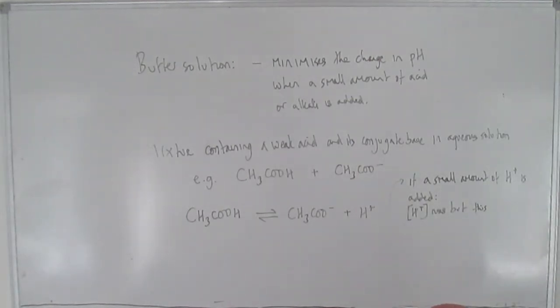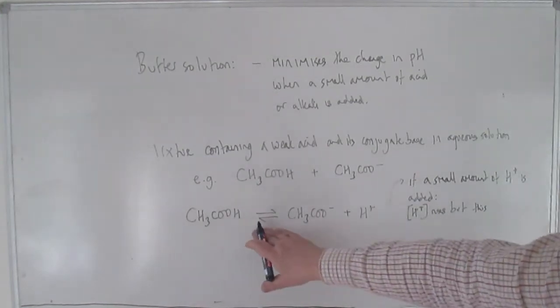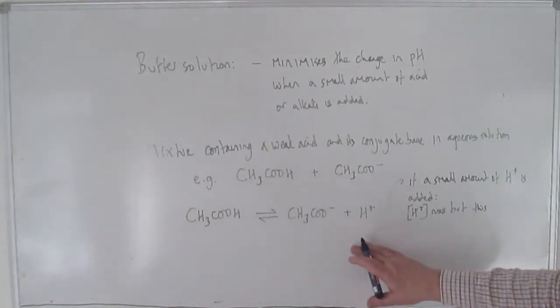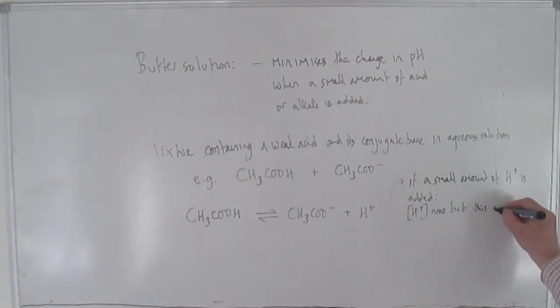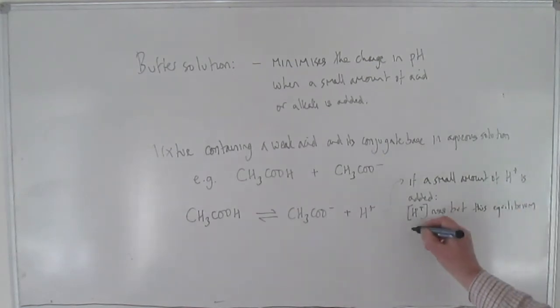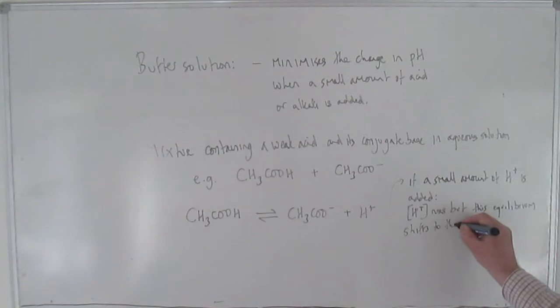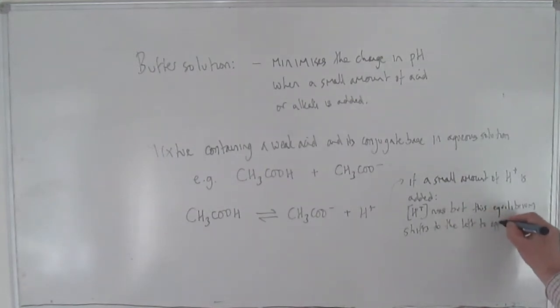So don't ever try and explain how buffers work without writing that equilibrium down, because otherwise what we're going to write now would make no sense. But this equilibrium shifts to the left, to oppose this change.